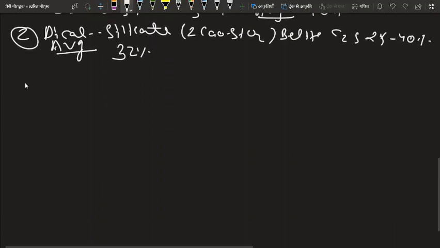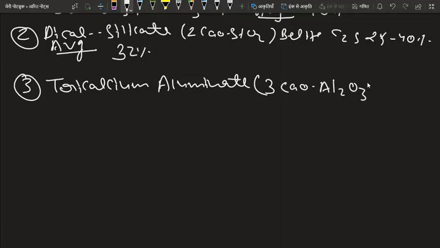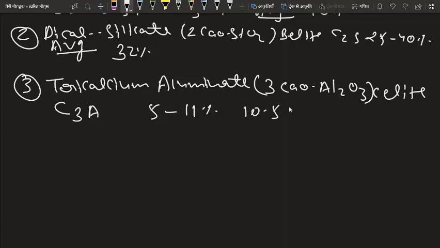Third one is tricalcium aluminate, 3CaO.Al2O3. It is also called celite and also written as C3A. It is present about 5% to 11%, on an average about 10 to 10.5%.